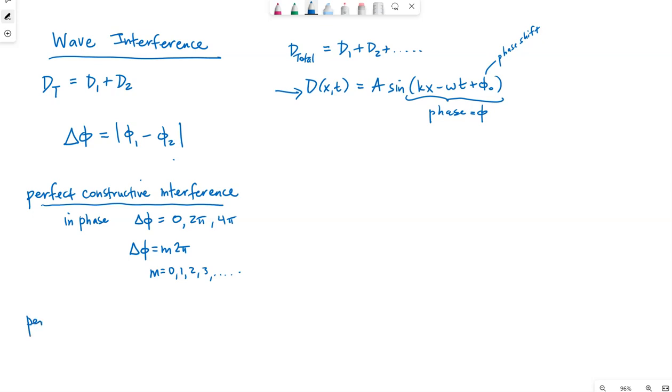To get perfect destructive interference, this is where they met up perfectly out of phase. So one peak was added to the trough or valley of the second wave.